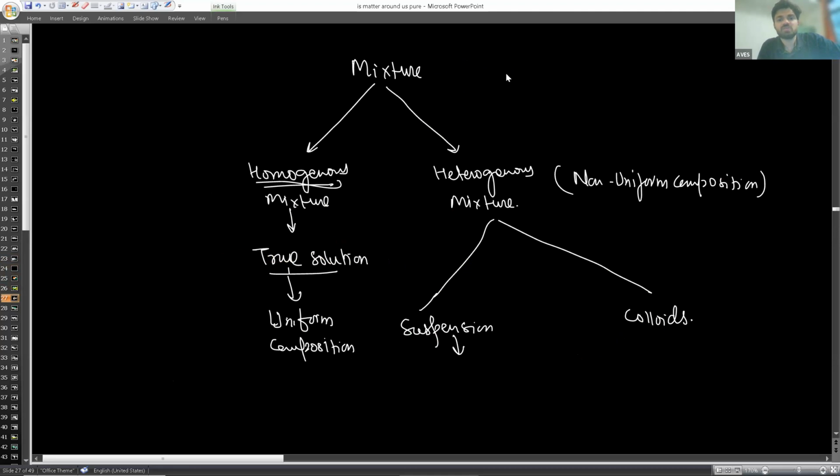Okay, so we have divided the mixtures into two parts. One is homogeneous mixtures. The second one is heterogeneous mixtures. Note it down. And further, we have divided the homogeneous mixtures into one part, that is true solution, which has uniform composition.